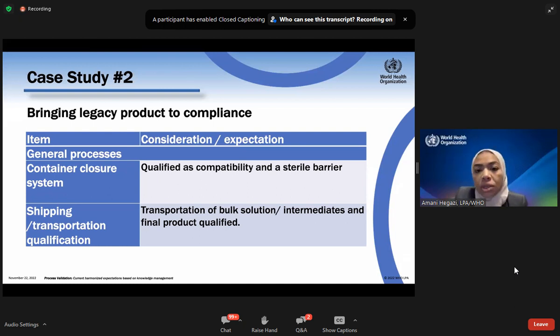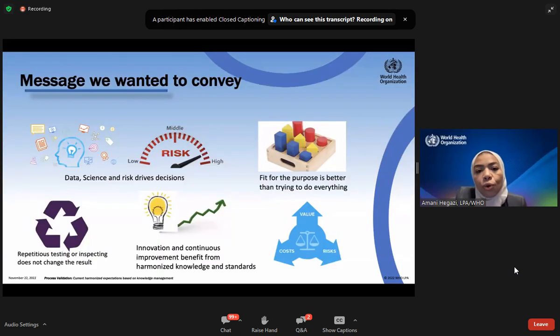And finally, transportation qualification is a part of the qualification and gap assessment for legacy process, because we should ensure that transportation of bulk solutions, intermediate or finished product are qualified and suitable for the product.